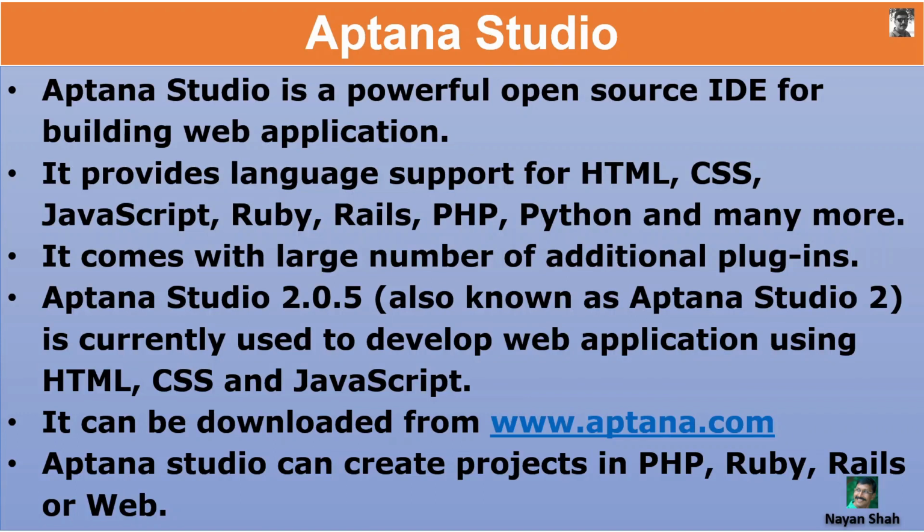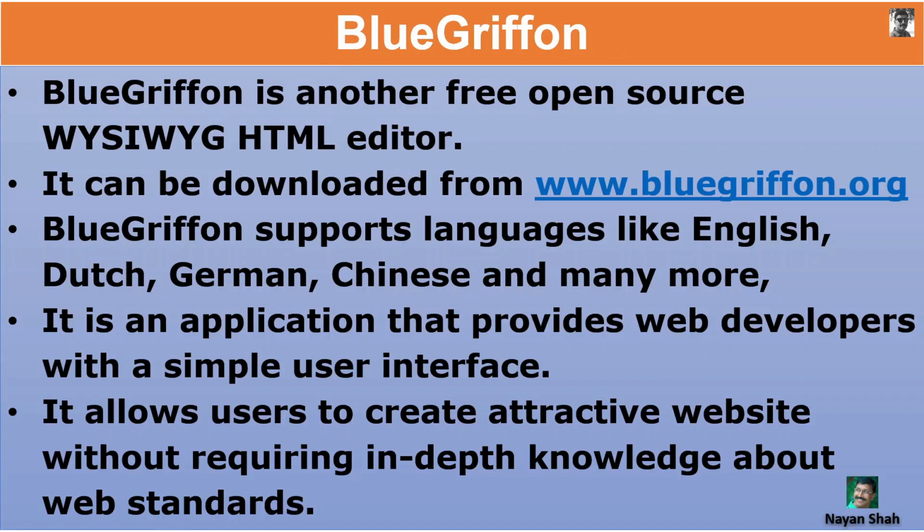Here it is aptana.com. It's a commercial website. Here it is bluegriffon.org. That is an organizational website. Blue Griffon supports languages like English, Dutch, German, Chinese and many more. So you can use Blue Griffon with all these different languages.